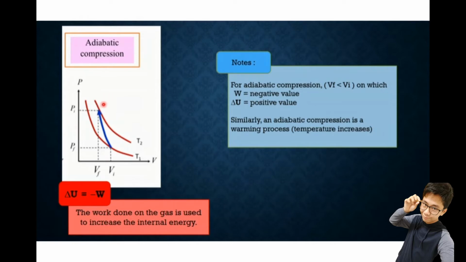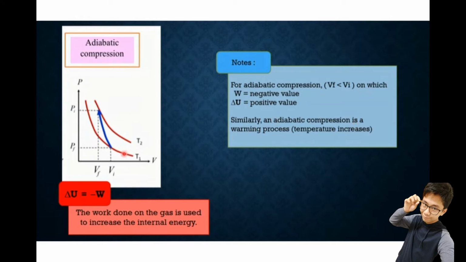Okay, this one is adiabatic compression. Notes over here. For adiabatic compression, V final is less than V initial, in which the sign for W is a negative value, and delta U is a positive value. Similarly, an adiabatic compression is a warming process.